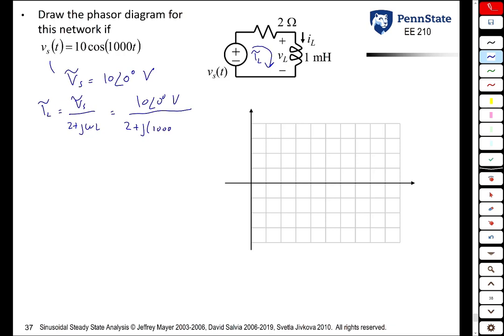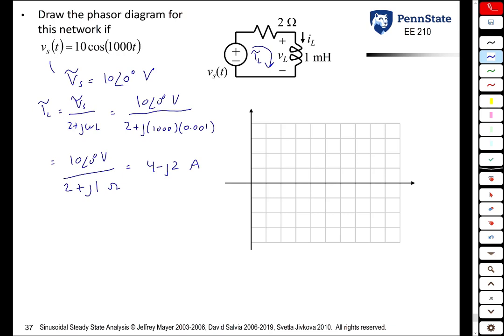Omega is 1000 radians per second. L is 0.001 Henry. So 10 at an angle of 0 volts over 2 plus j1 ohms. We get 4 minus j2 amps.